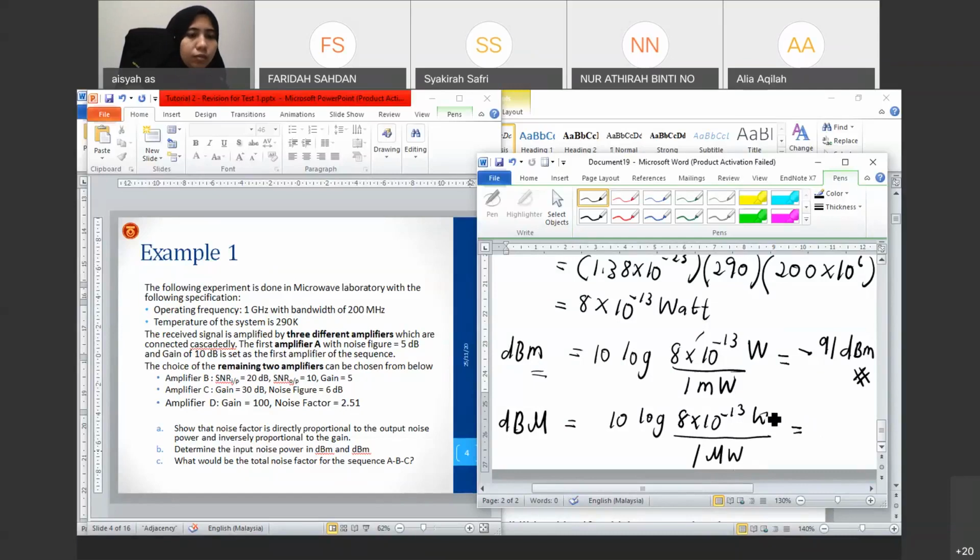Negative 60.967, negative 60.9, but you can use negative 61 dB mu. So this is the answer for B.